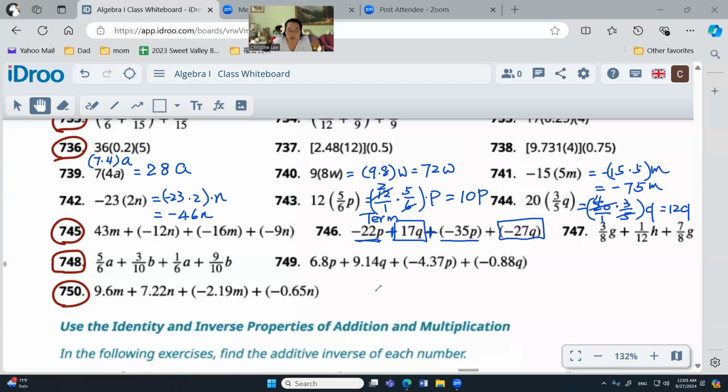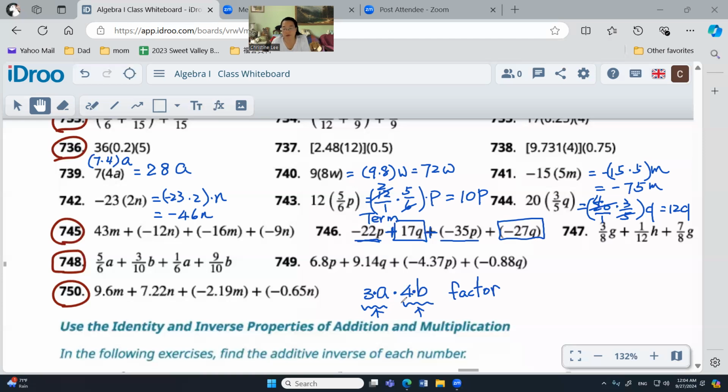When they are multiplied together, let's say 3A times 4B, what are these called? It's not called term. They are called factors. This is a factor, this is a factor. And also 3 is a factor, 4 is a factor, A is a factor, B is a factor.